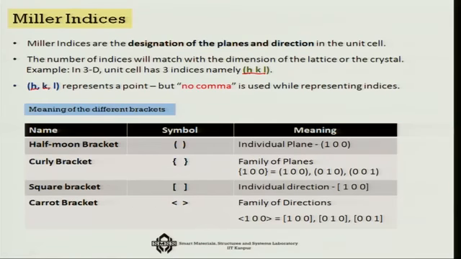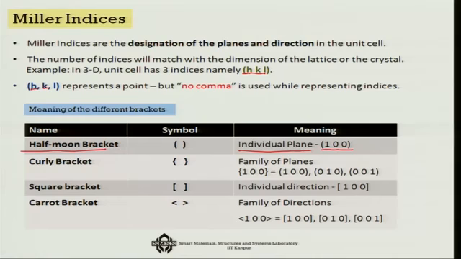Now, there are 4 types of symbols that are used in the Miller indices. The first one is known as the round bracket. That is used for denoting individual planes, like in this case 100 is an individual plane. What exactly is this plane? We will see it soon.